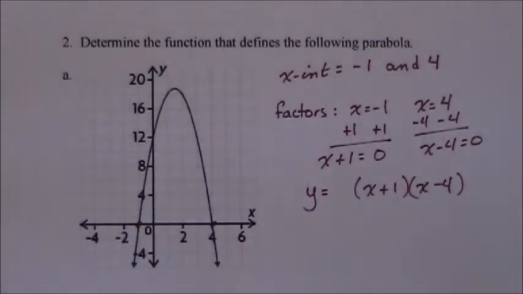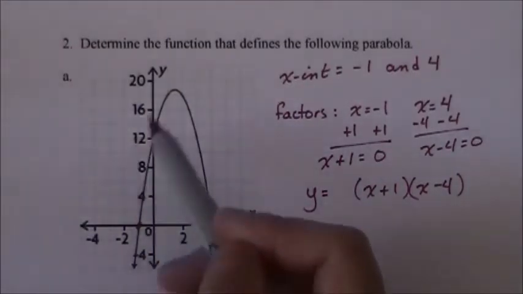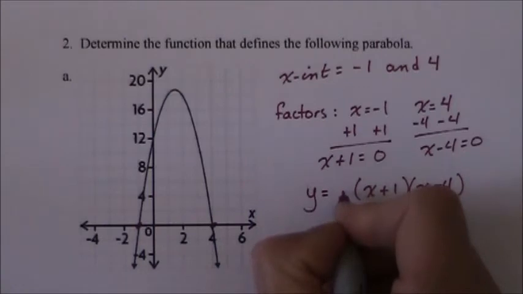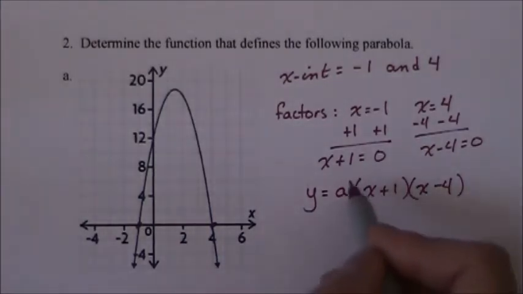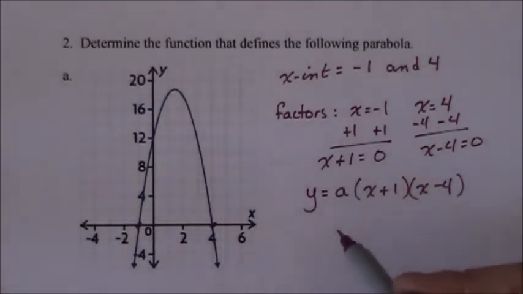That's an equation with those x-intercepts, but we want to ensure that our equation will go through these. So we're going to put an a here, which affects how wide or how narrow the graph goes or how tall the graph goes. And as we go to do that, we now need to solve for a. As we go to solve for a, we are going to need a point off the graph.